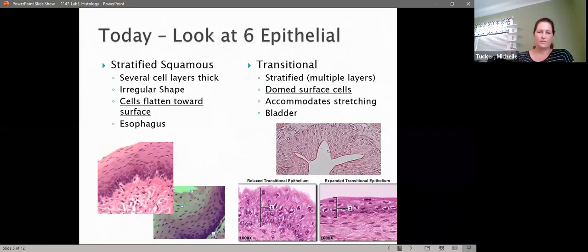The other telltale sign is you will see these tightly clustered round nuclei at the basement membrane, because these along the basement membrane are stem cells. These are rapidly dividing, very healthy cells, so you have these nice healthy round nuclei.